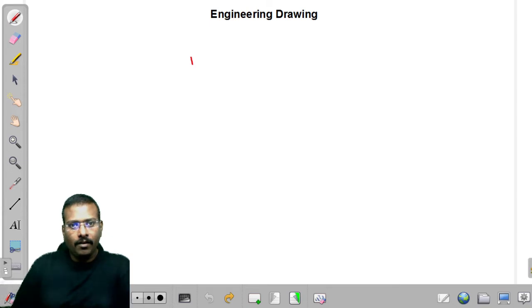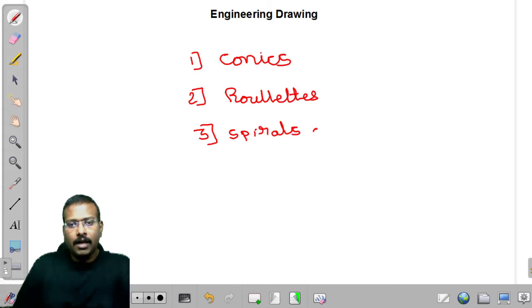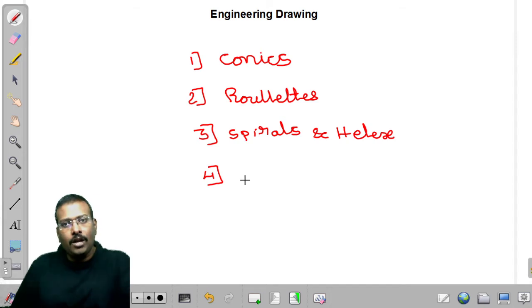They are: first one is conics, next roulets, third one is spirals and helix, and fourth one is a special curve that we are going to discuss in detail in this session, and remaining things we'll discuss in the coming videos. Fourth one is Voge curve.